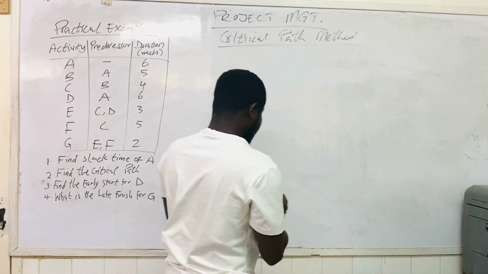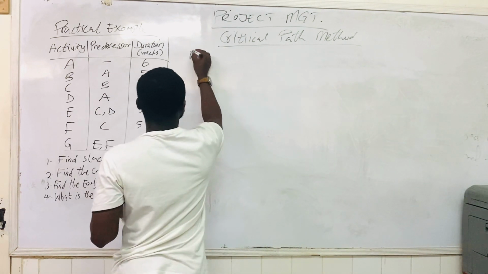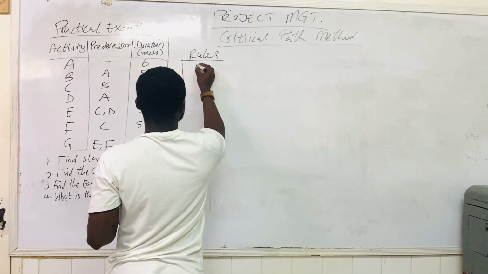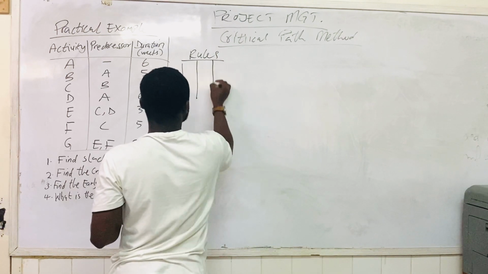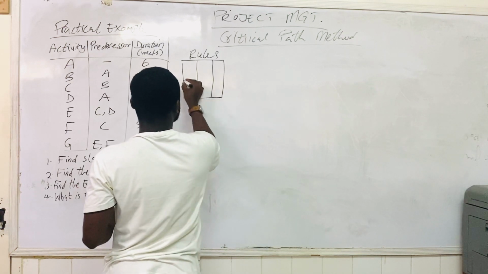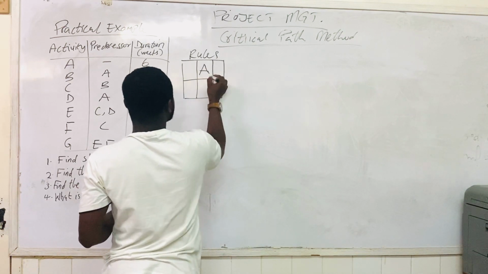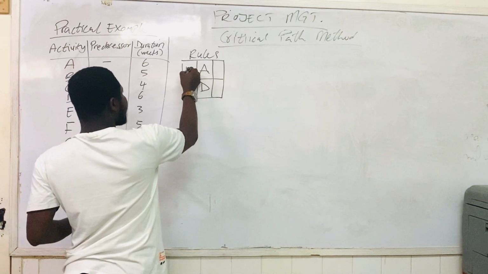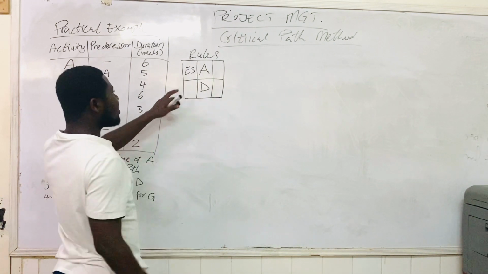So we have our rule here. We have 6 boxes. We have our activity here. We have the duration here. Then remember, we have the earliest start time here.